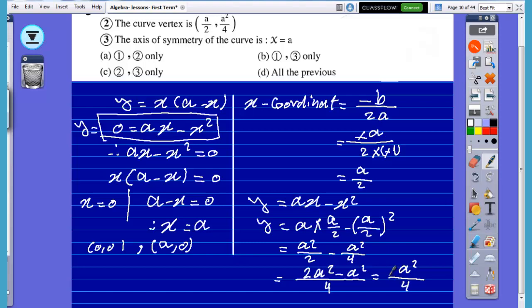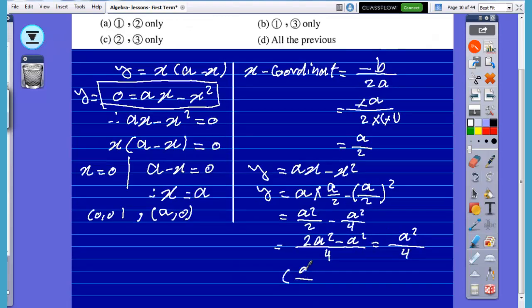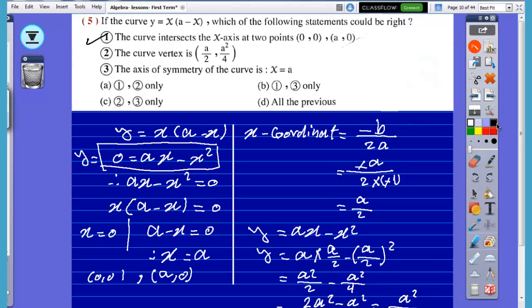So the vertex is the point a over 2 and a square over 4. Also number 2 is a right solution.